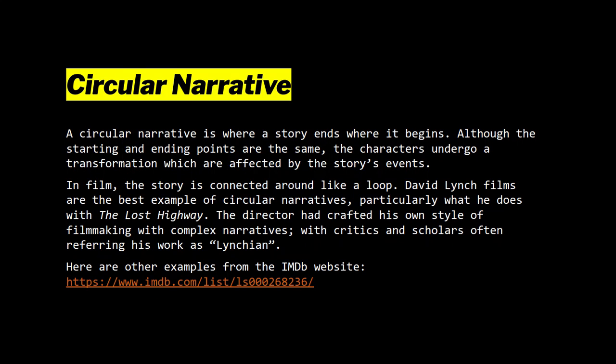I'm not sure what's going to happen, but that's how it works. So the character is affected by the story's events and goes through a certain kind of transformation. And in films, the story is connected like a loop, which is basically what it is.